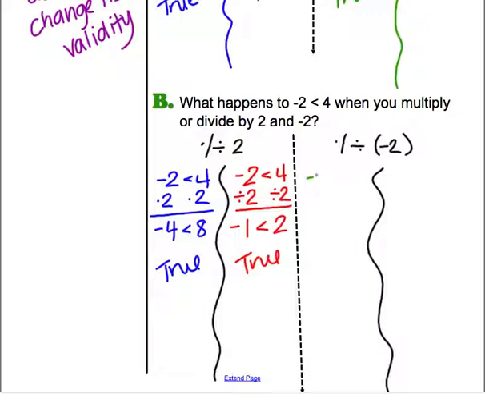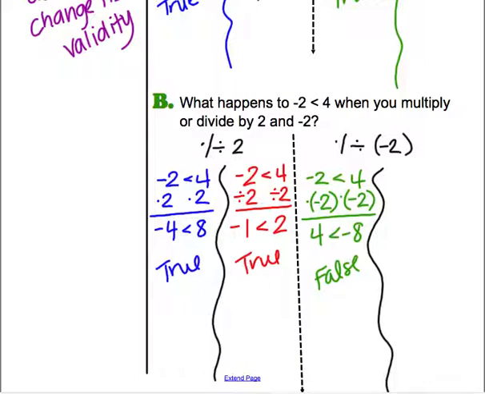Let's go over to the other side. Now I've got -2 is less than 4, and I'm going to multiply by -2. And I get 4 is less than -8. This is a false statement.